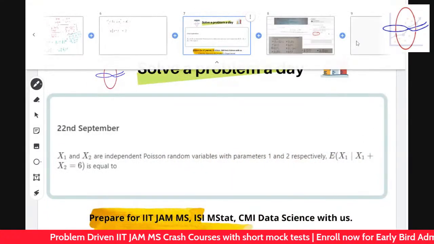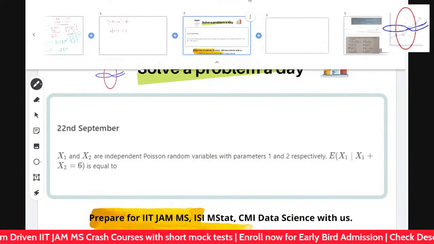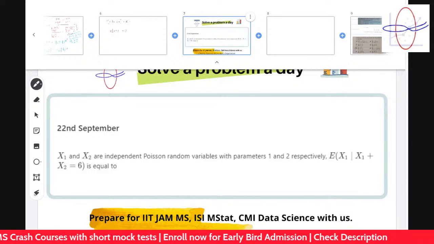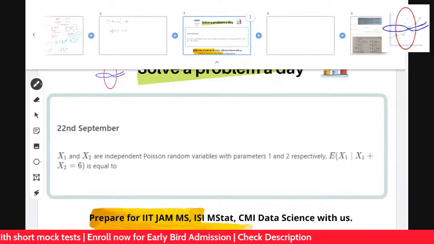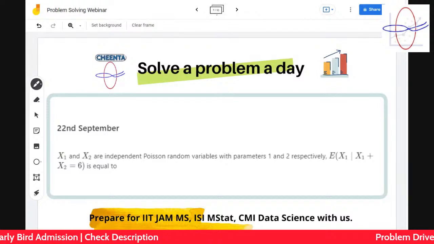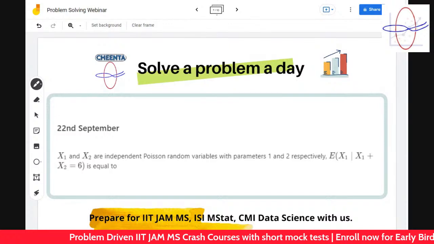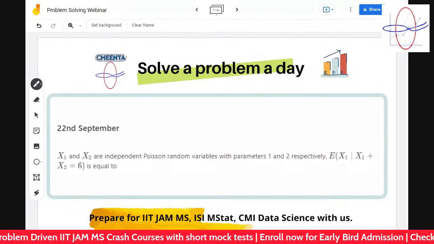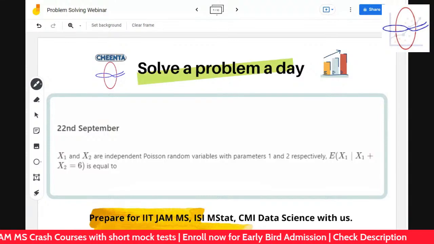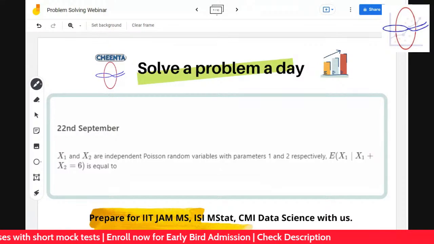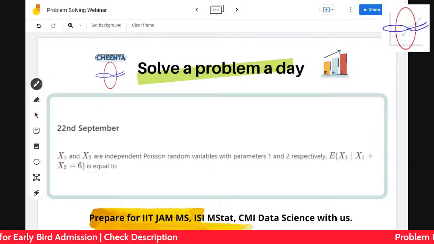This is a super interesting problem. Okay, so coming back to the last day's problem, like 22nd September's problem. This is something really interesting, and any ideas, guys?